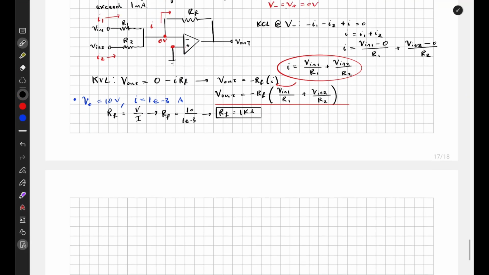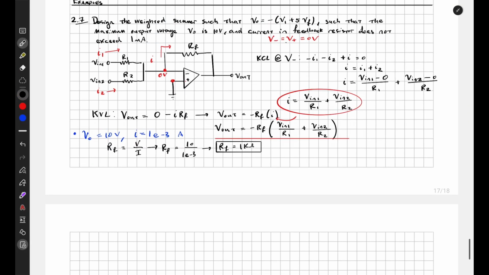Okay, so I'll just write it here. V out is equal to negative V1 plus 5 V2. So we have this condition to solve for.